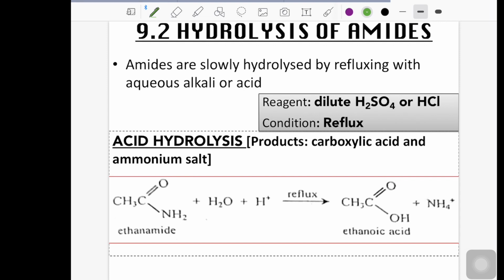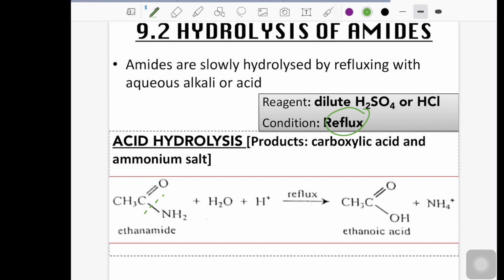The catalyst can be sulfuric acid or hydrochloric acid, and the condition is reflux. What happens? You will break the bond that you newly made. If you want to make the amide bond, you connect the carbon of the carbonyl and the nitrogen of the amide.